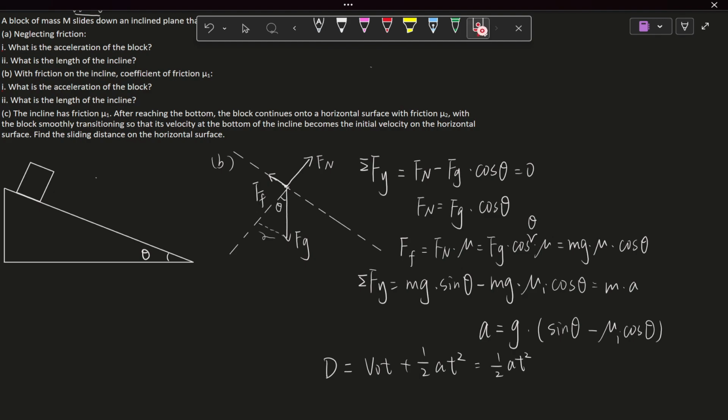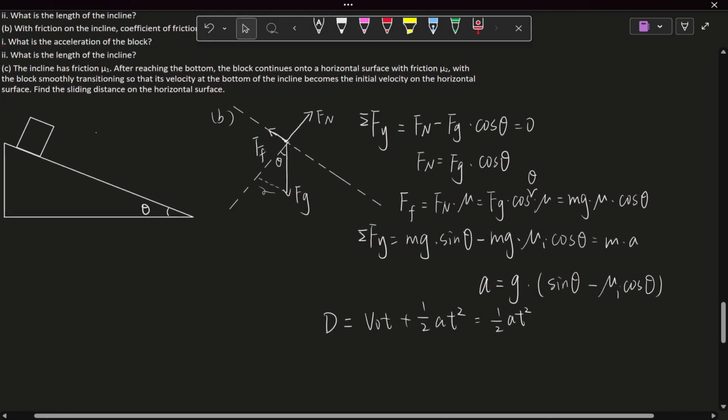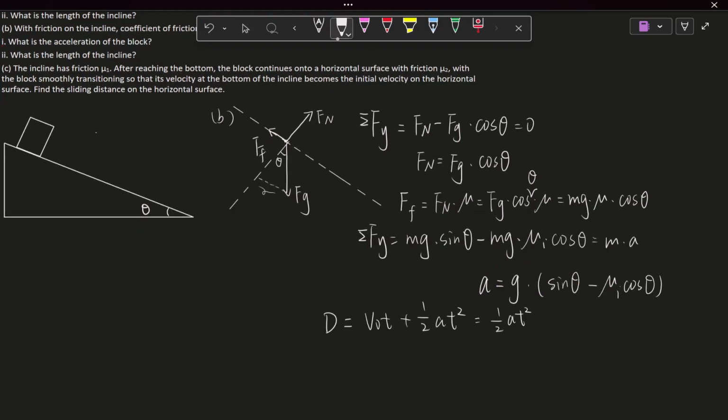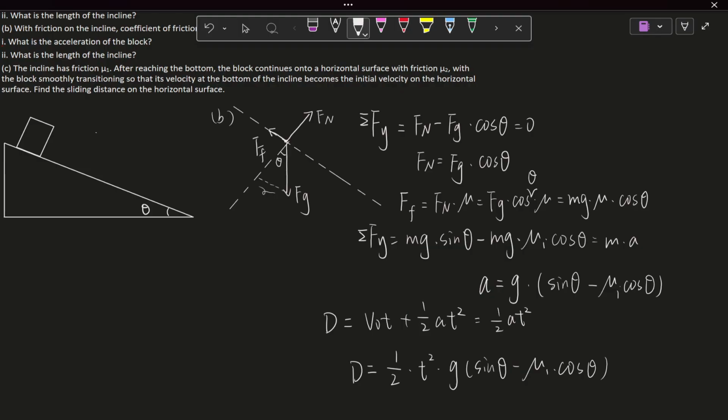Then we just plug a in here. We get d is equal to half times t squared times g times (sine theta minus mu1 times cosine theta). And this is your answer for this part.